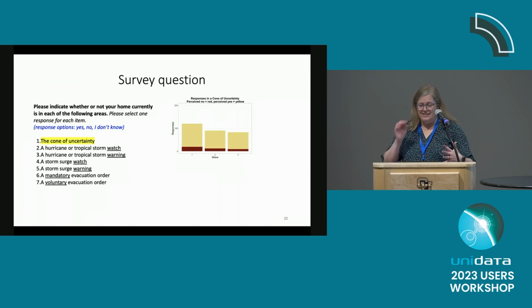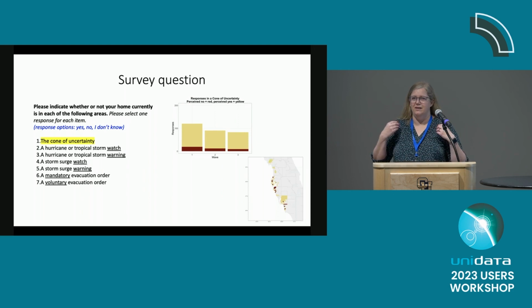So we did some analyses just to see. We were really interested. These are plots of all of the people who were in the cone of uncertainty based on our meteorological diagnosis of the cone spatial scales, but the people in red were people who said no, they weren't. So this is really interesting in terms of who is actually being warned for something, but they're reporting that they are not.